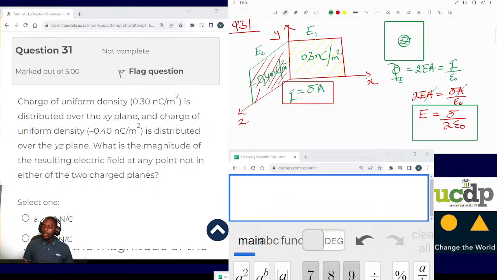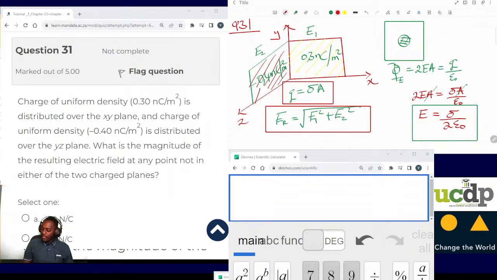And already we can see that this is a 3D Cartesian plane and the electric fields are perpendicular to each other. Right? So the resultant electric field will be equal to the square root of E1 squared plus E2 squared. So that is how we should find the resultant electric field that we are being asked to find.